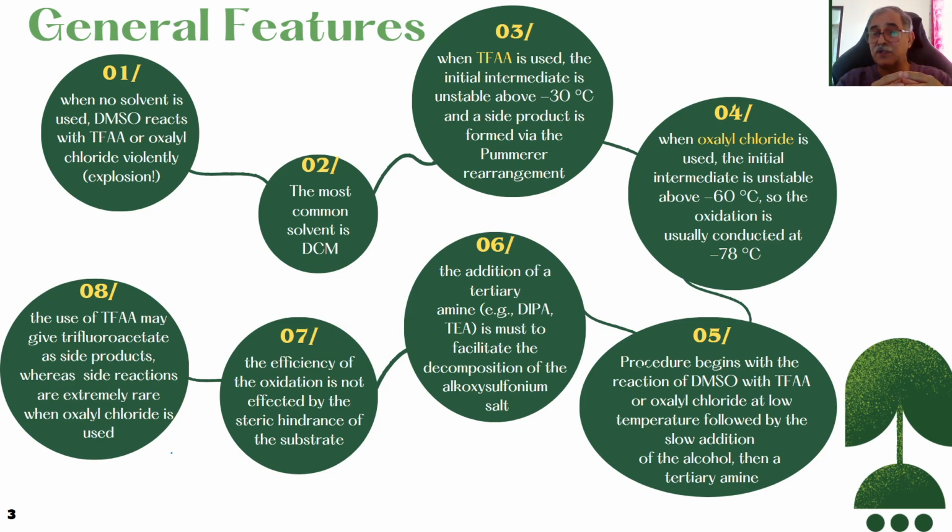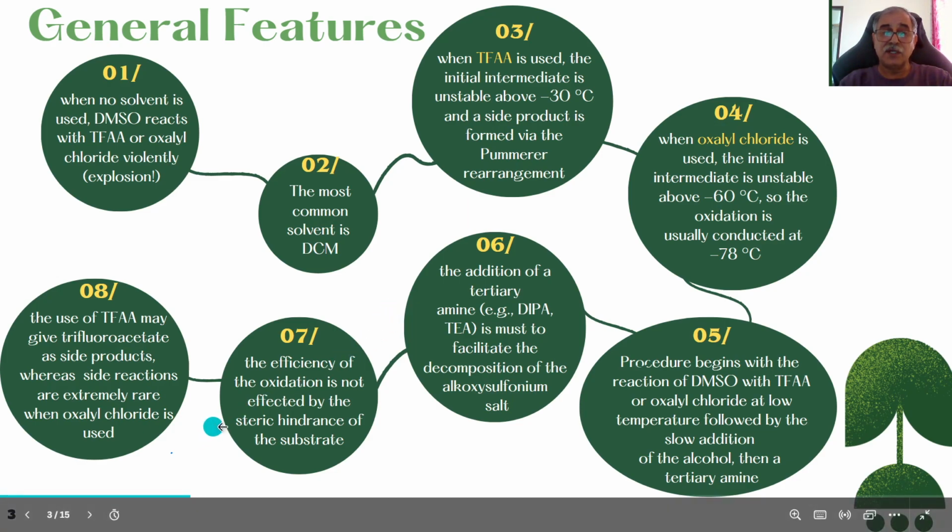Then after this we slowly add alcohol to the reaction mixture, and after some time we add tertiary amine to the reaction mixture to decompose the intermediate formed during the reaction. As I have told you, any tertiary amine can be used, and most commonly used are diisopropylamine or triethylamine. So they will facilitate the decomposition of the alkoxysulfonium salt, which is formed at the initiation of the reaction.